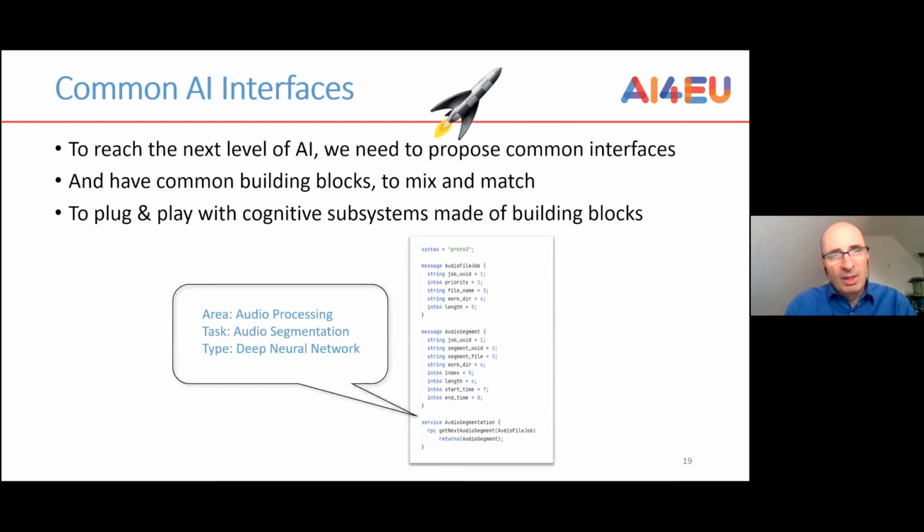I have tried to make the point already earlier. The idea of having common AI interfaces is very important. I think that integration and interoperability among different areas of AI is very, very important and enables us to make the next step. Here's one example for an audio interface that is part of a taxonomy. It could be the area of audio processing, the task audio segmentation, and the type could be a deep neural network.